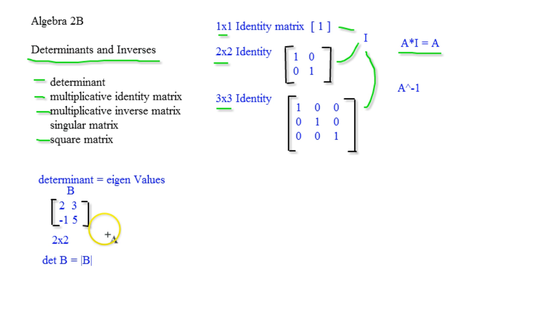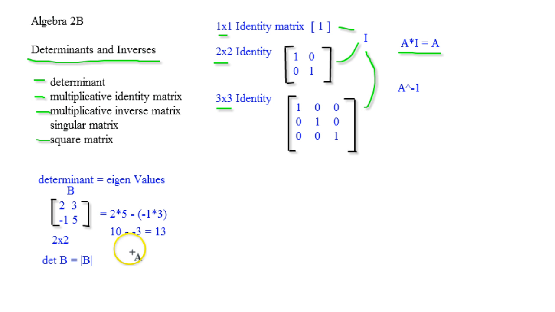So the determinant of B is going to be 2 times 5 minus (-1) times 3. You probably want to put the second set in parentheses so you don't get confused. So this is going to be 10 minus -3, which turns into 13.